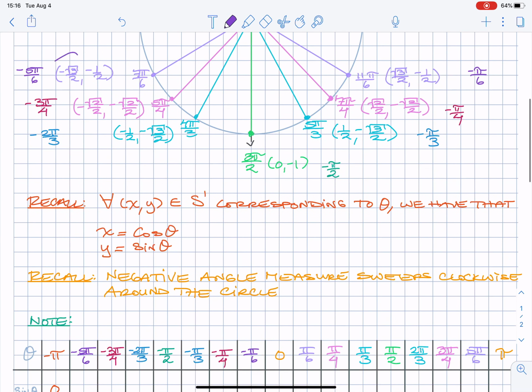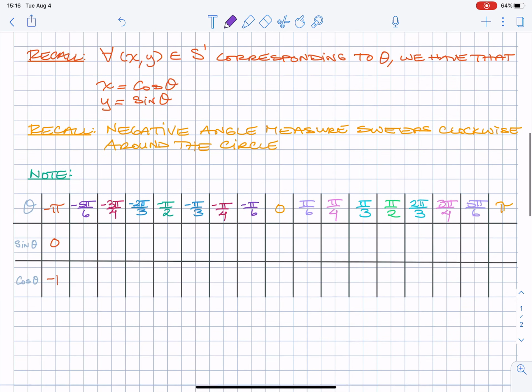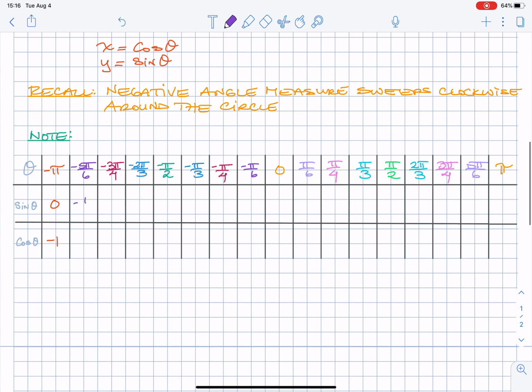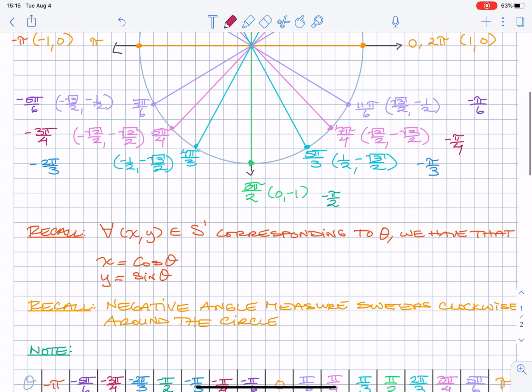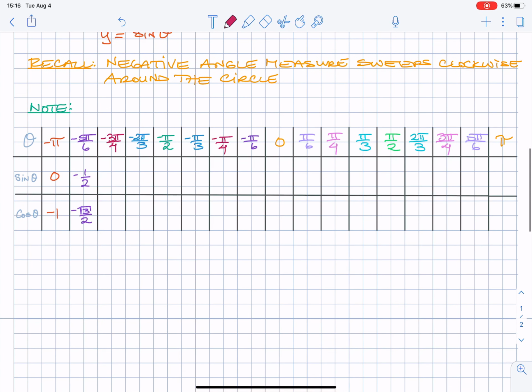Okay, so at -5 pi over 6, my y coordinate is -1/2, and my x coordinate is -√3 over 2. Then let's look at -3 pi over 4. Well, they're both negative and they're both √2 over 2. So -√2 over 2, -√2 over 2.